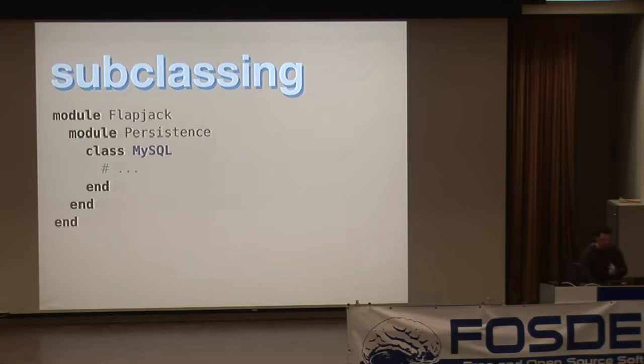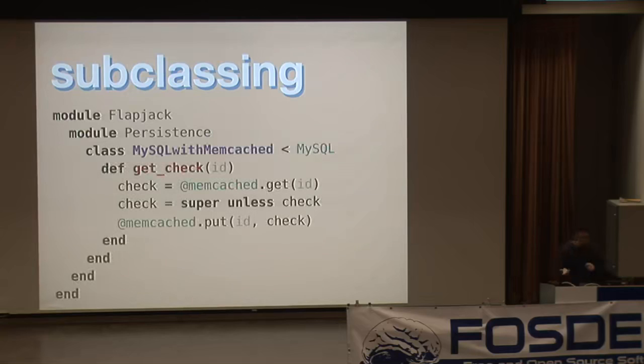So if we take this MySQL backend and subclass it and call it a MySQL with memcache backend, we take the getCheck method and make a call out to memcache first to see whether we can get a copy of the check from memcache, which is obviously going to be faster than hitting the database, right? If we don't get something back from memcache, then we just call the original getCheck method on the MySQL class, which does the lookup in the database, and then we store that in memcache, so that next time somebody needs that particular check, they can just get it out of memcache.